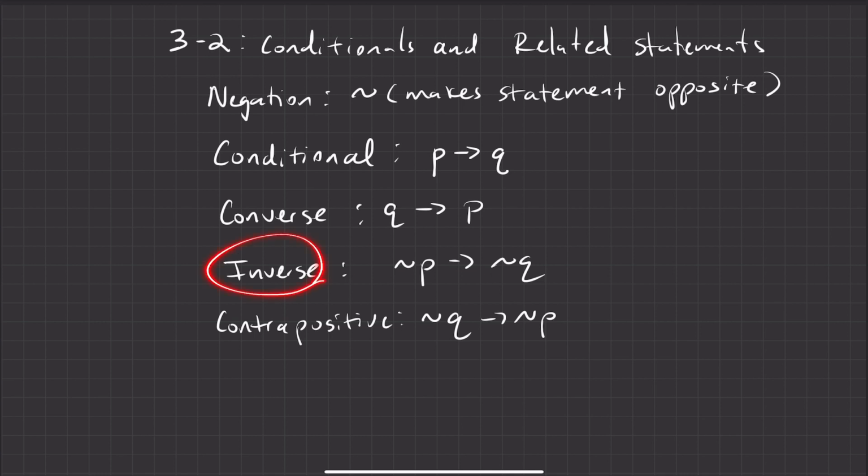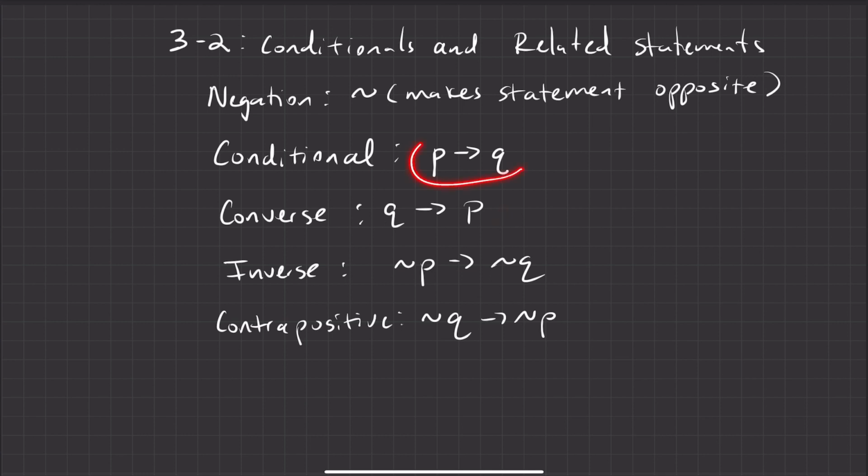Then the inverse of that conditional uses the negation for P and Q. So you get if not P, then not Q. And the contrapositive is like the converse, but you add the negation.